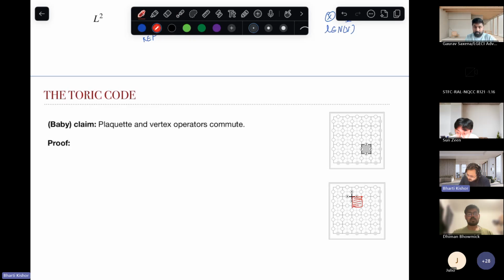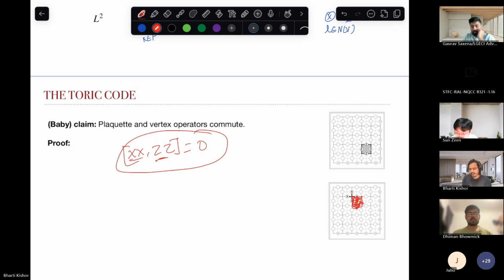So let's say I'm interested in the plaquette here, then I will have Z here, Z here, Z here, Z here. And because two X and two Z, basically the tensor product of X and the tensor product of Z, commute, the plaquette and vertex operators will commute.